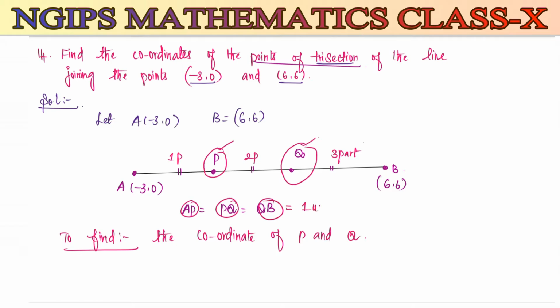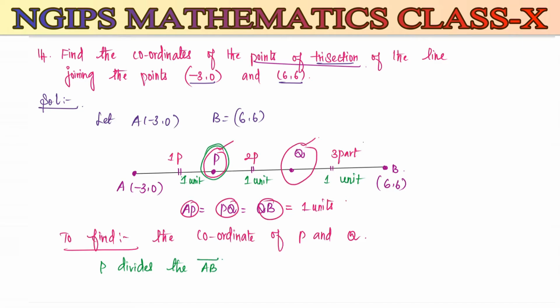1 unit. So when it is 1 unit, now listen carefully, this is 1 unit, and this is also 1 unit, and this is 1 unit. If you consider the point P, this point P divides the line segment AB in the ratio.